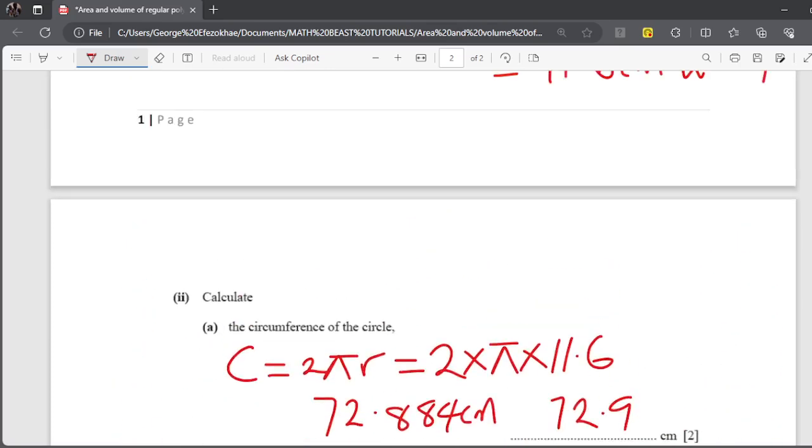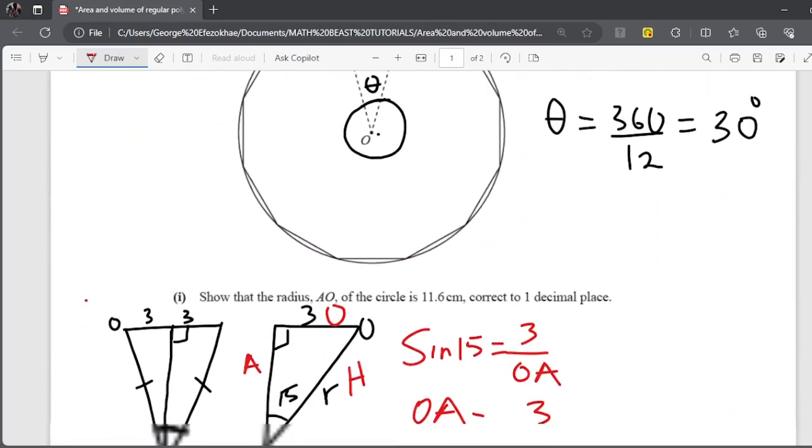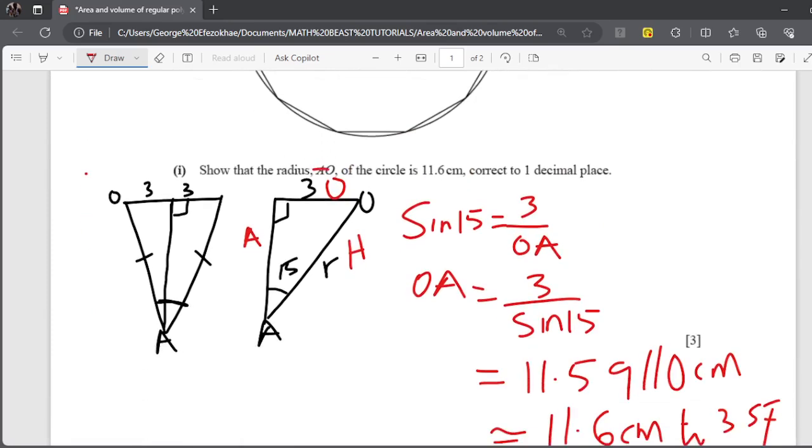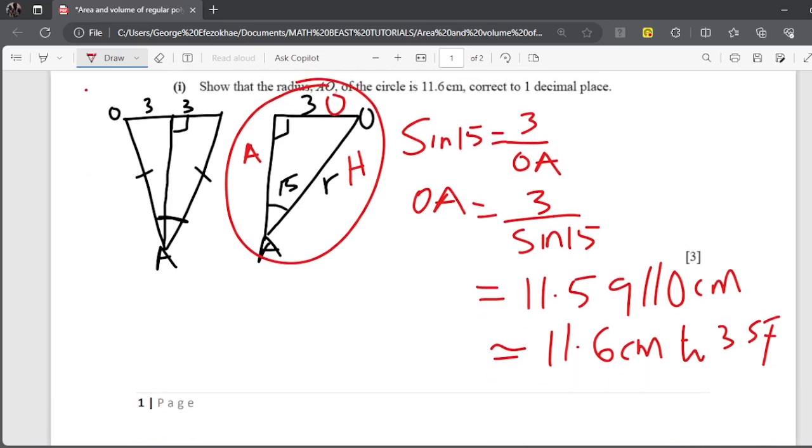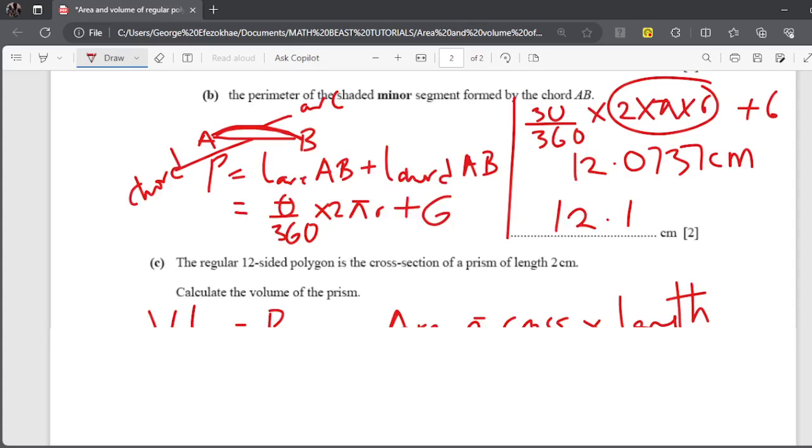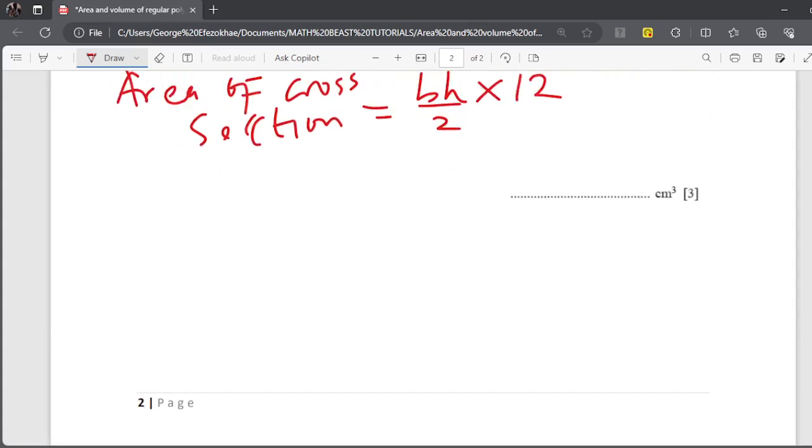But we don't know the height of the triangle. Making reference to this particular diagram, we can find the height of that triangle. First you transfer that triangle here. This is 15, and this is 3. Then we are looking for the height here. It's a right angle triangle.